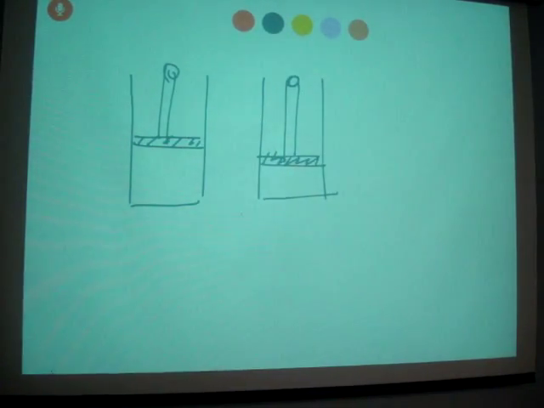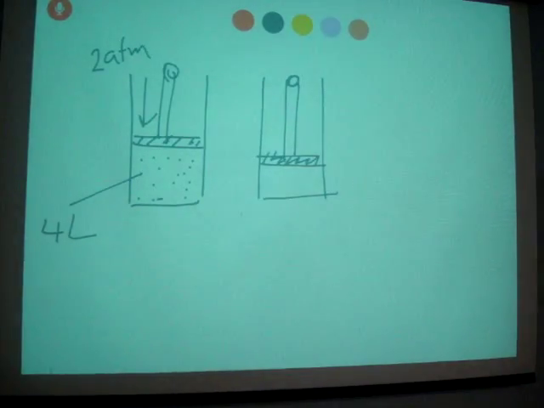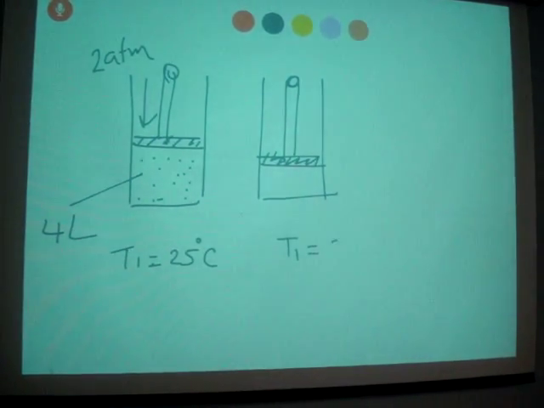Here the gas he kept is about 4 liters, and the pressure he applied is 2 atmospheres. The temperature he set is 25 degrees Celsius for both of these conditions. So temperature is constant for both conditions.